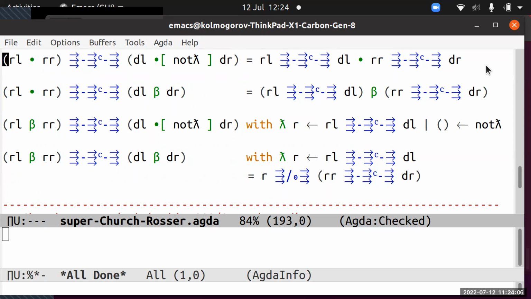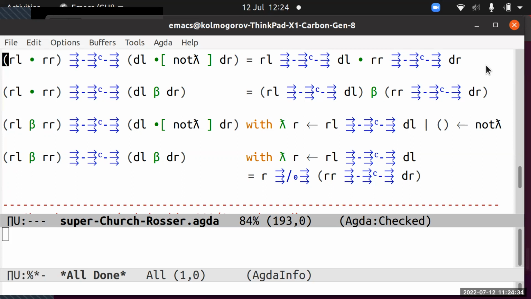By induction hypothesis, so on the left-hand side, RL with DL, I actually have that this must be the reduction to a lambda. So I can pattern match on that and say that must be lambda of something. But because it's lambda of something, I now have a clash with the proof that it's not a lambda of something. So that case just goes away.